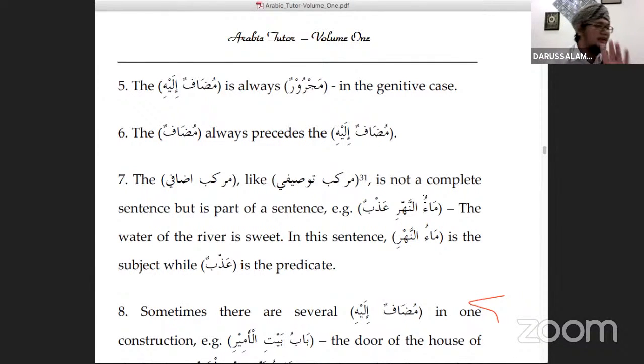Orang nak tanya, kenapa kena sama dalam 4 benda? Kenapa tak sama dalam 3 benda? Kenapa tak sama dalam 2 benda? Ini dia punya kaedahnya macam tu. Orang Arab letakkan hukumnya macam itu. Ini namanya Nahu.